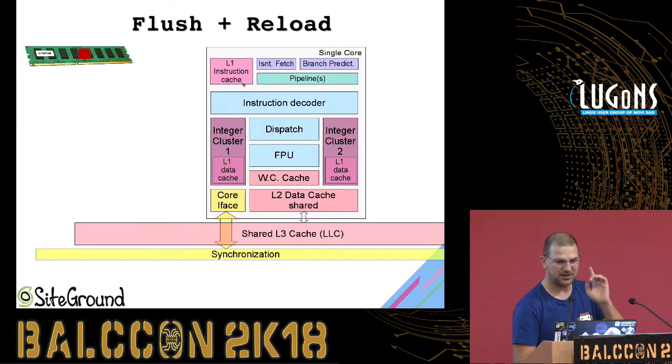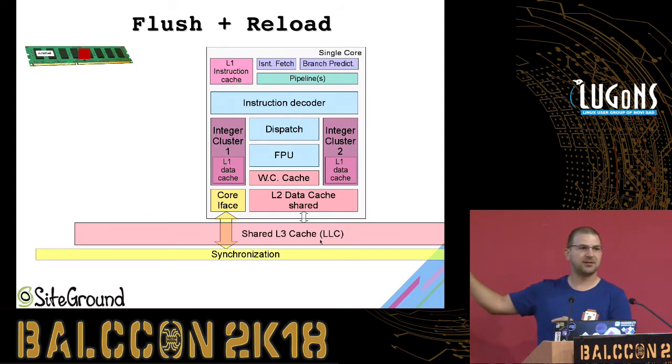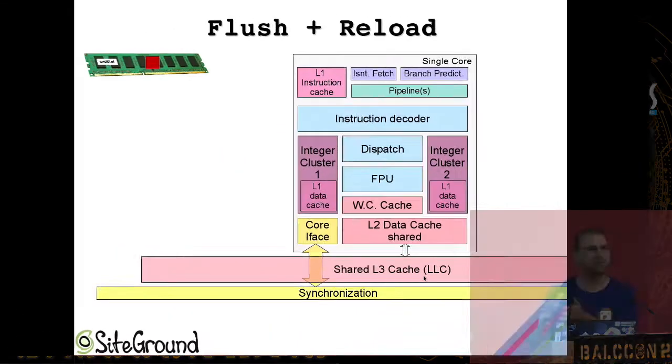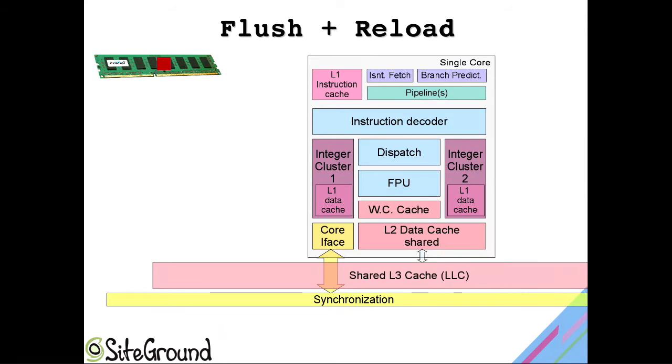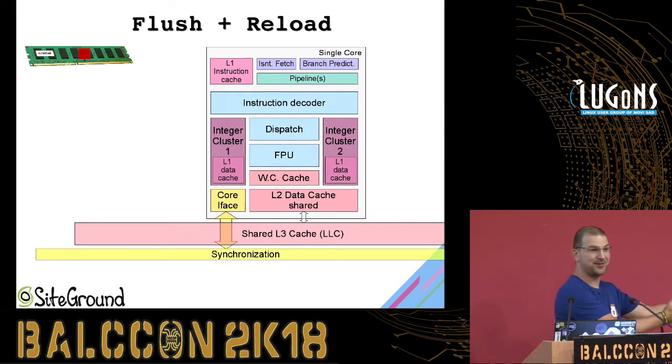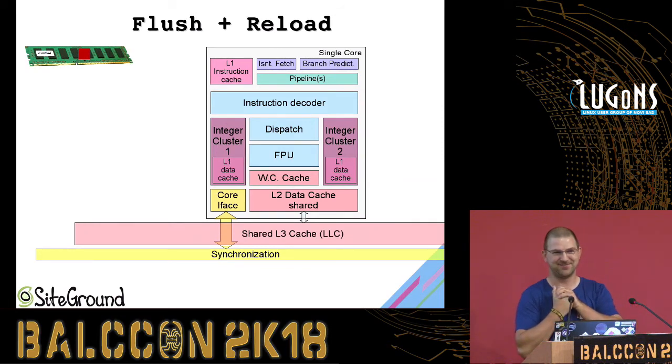So since we have this data in the last layer cache and it is not removed from there, because this was a misprediction and we don't care about this data, it will not reach the user, but it stays in the layer 3 cache. And this is why I started with the Flush and Reload attacks, because if you have something in the cache, you already have attack vectors to read this data from the cache.